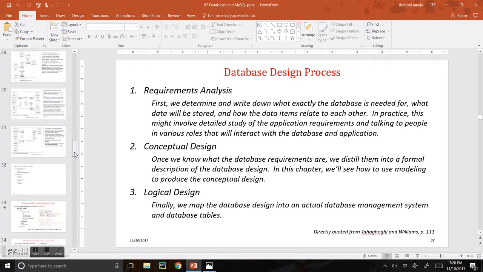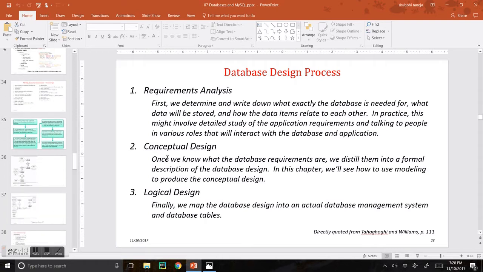We also learned in the previous video how to go from conceptual design to the logical design. Again, conceptual design gives you an ER diagram where you show how one table is related to the other and so on. But to be able to decide the structure of each individual table, we have to know how to go from ER diagram to the part where we actually can write SQL statements to create our tables.